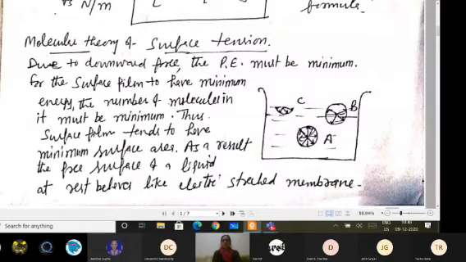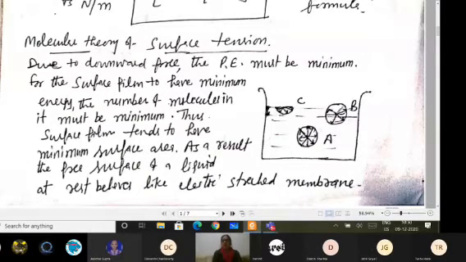If I am taking here 3 molecules with me, then this is the surface film, the uppermost layer of the liquid. This, which is thickness, is equal to the molecular range. If I am having the molecule A here deep inside the water, then you can see the forces which are acting, upward forces and downward forces, they are equal.